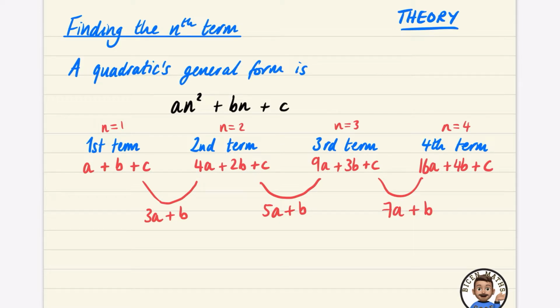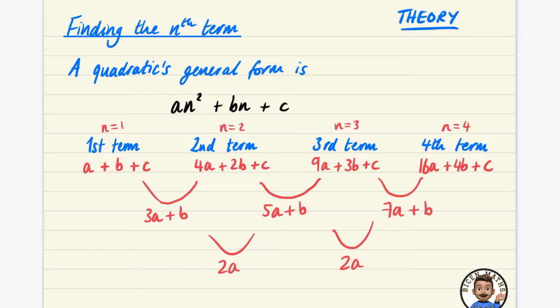So the second difference, if I find the difference between these two and these two, we should see that there's something consistent, which is the way that quadratics seem to work. So 5a take away 3a is 2a, and b take away b is nothing. 7a take away 5a is 2a, and b take away b is nothing.